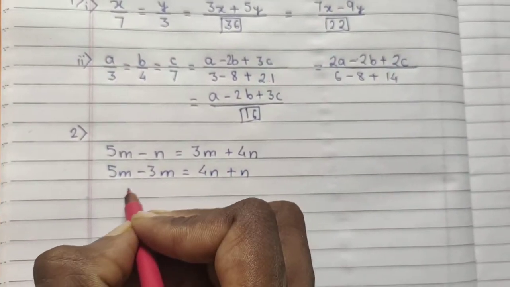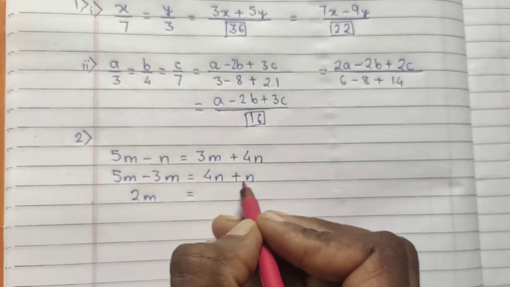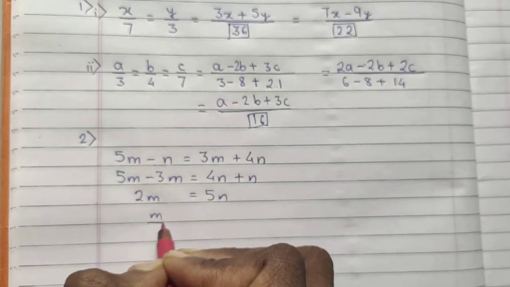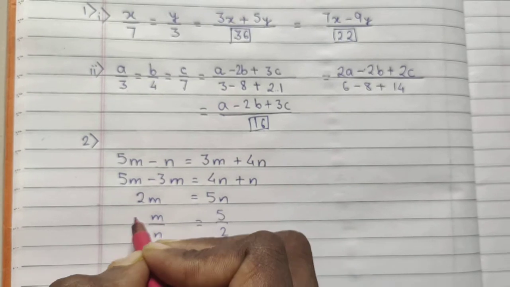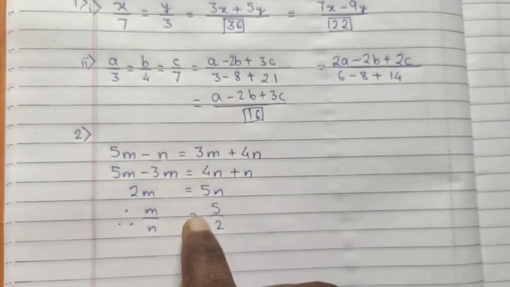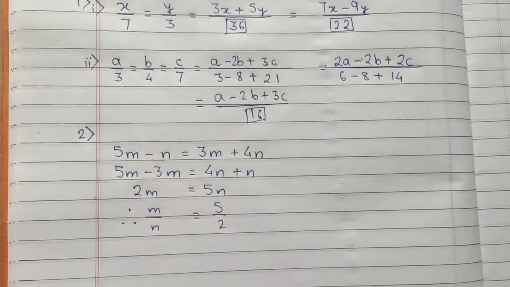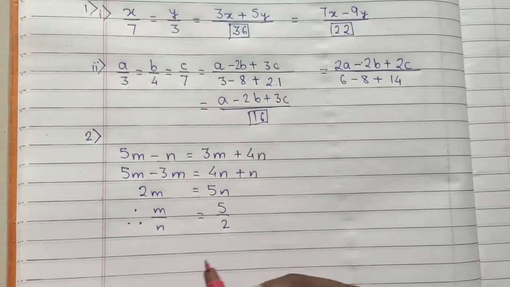Now 5m minus 3m gives you 2m, and 4n plus 1n gives you 5n. So m upon n is equal to 5 upon 2.